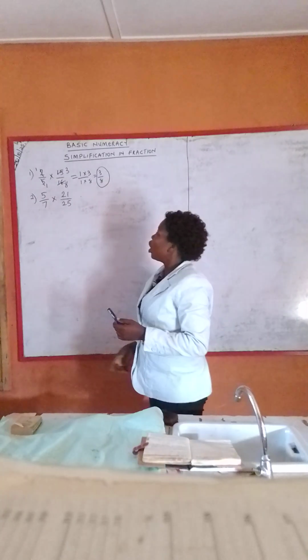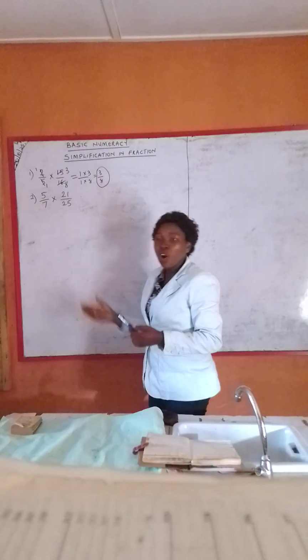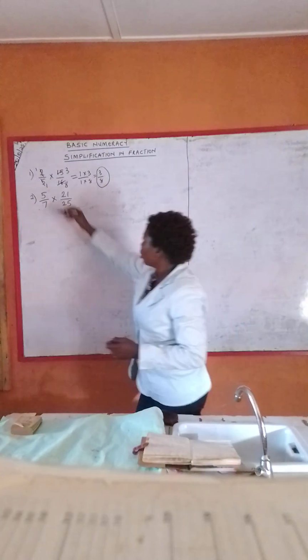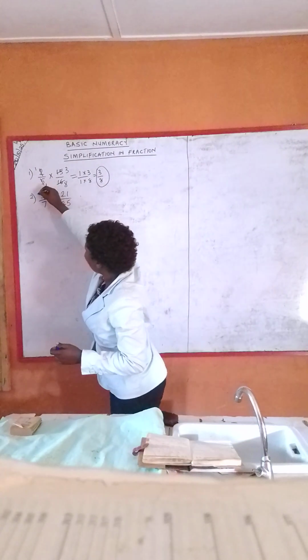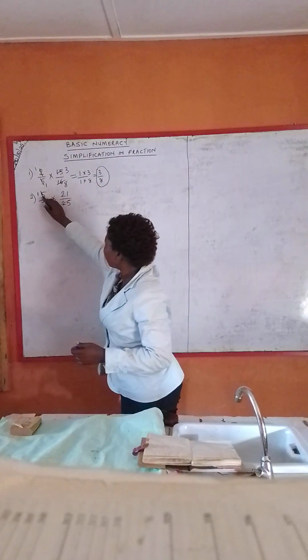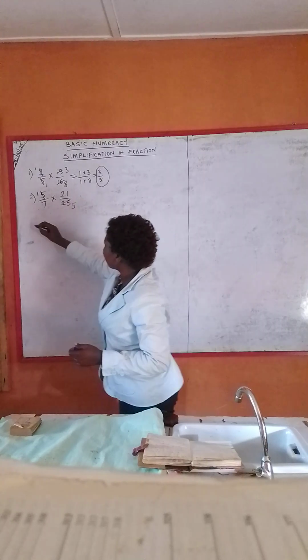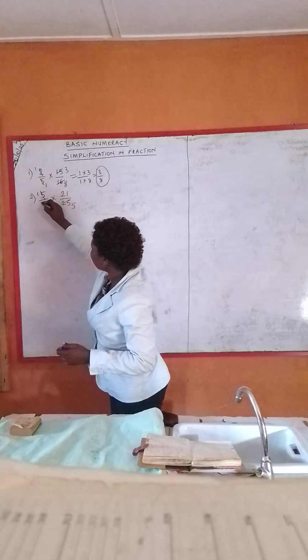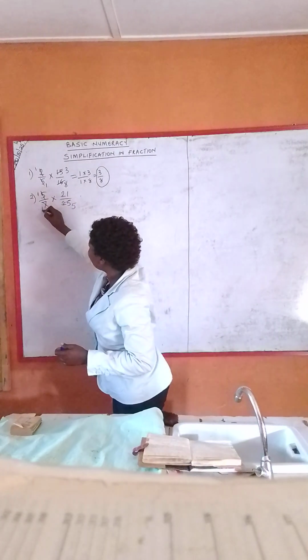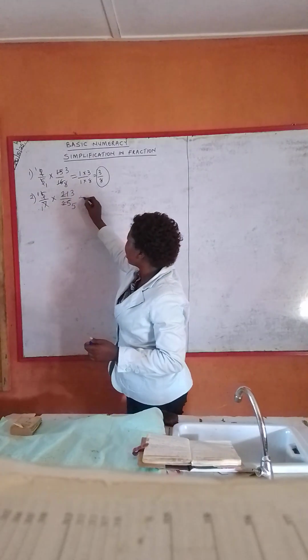I've told you all you need to do is look for numbers that can cut themselves out. As we know, 5 can cut this into 1, and we cut 25 into 5 places. The same thing, 7 can divide 21 into 3 places.